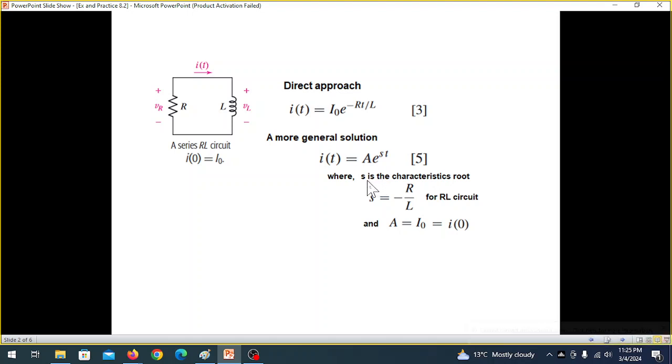It is the characteristic root, and this can be found from this value, minus R over L. So s is minus R over L for an RL circuit, and A is I0. Now putting all these values here, you'll get the same answer. So whichever approach you like, you can follow, but we'll follow what the book has done.